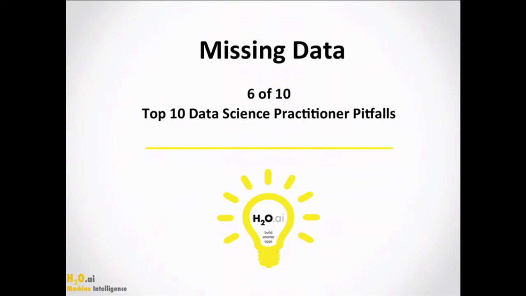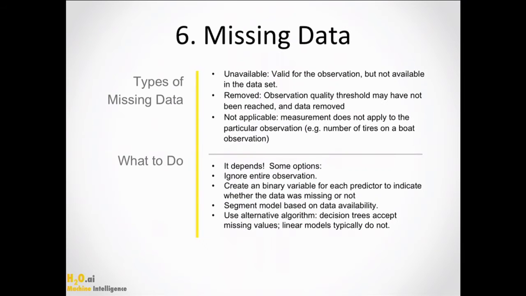So missing data, let me check time. So missing data is a really common thing. We see a lot of people having problems with this, a lot of what to do with missing data. So if observations in your data set are missing, there's a couple of reasons why it may be missing as well. Sometimes it's that it wasn't collected, and sometimes it's not applicable to the actual reading.